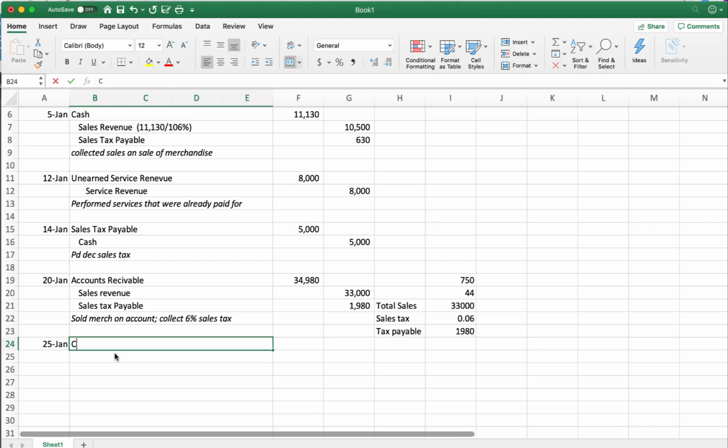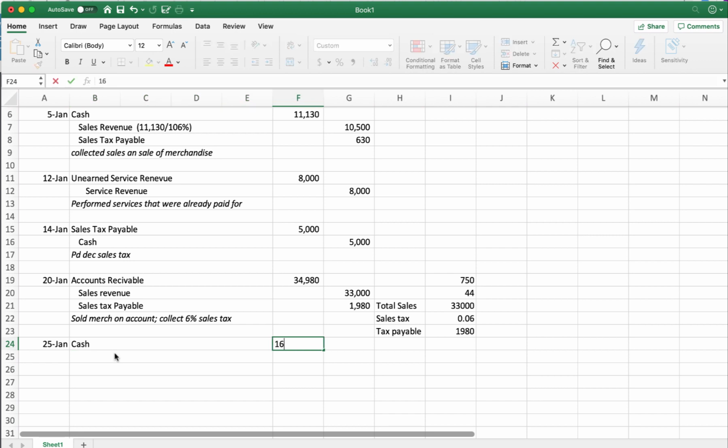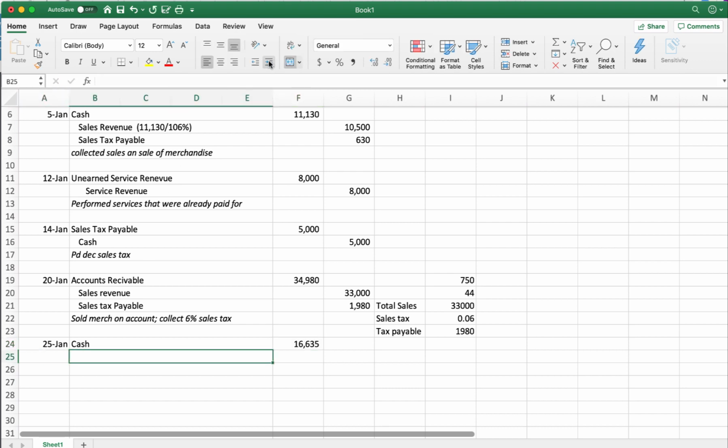So the first thing I'm going to do is debit my cash. For how much? Well, the total cash that we received, $16,536, okay? The next thing I'm going to do is I'm going to indent, and I'm going to credit sales revenue. Now, I need to figure out exactly how much that is.